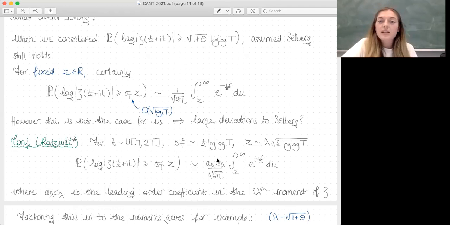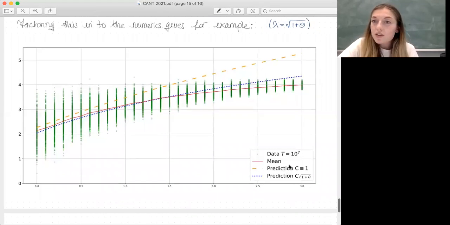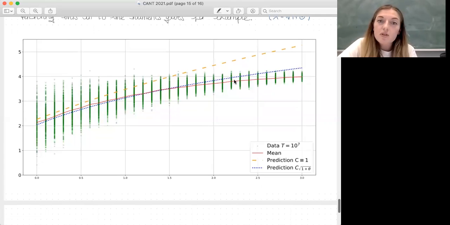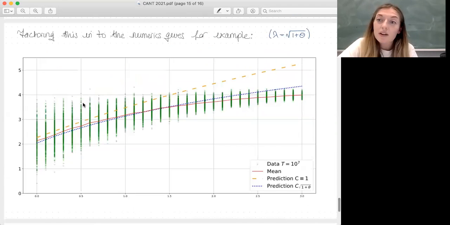But you still get this other part of the leading order coefficient. So you can show something like this does hold in random matrix theory. So that's just to say that you can create these graphs, you can even go a bit higher up the axis and demonstrate that these numerics do in fact hold, and we can capture them numerically.